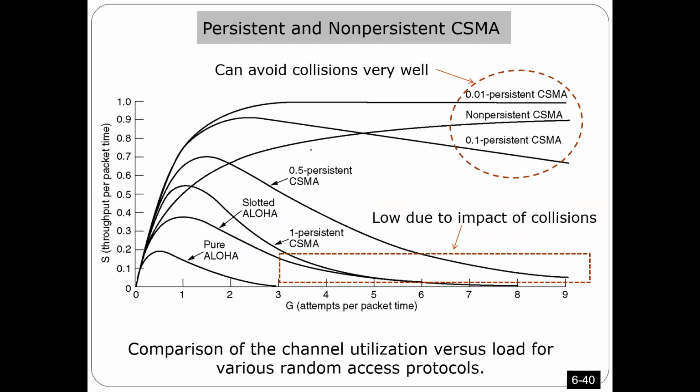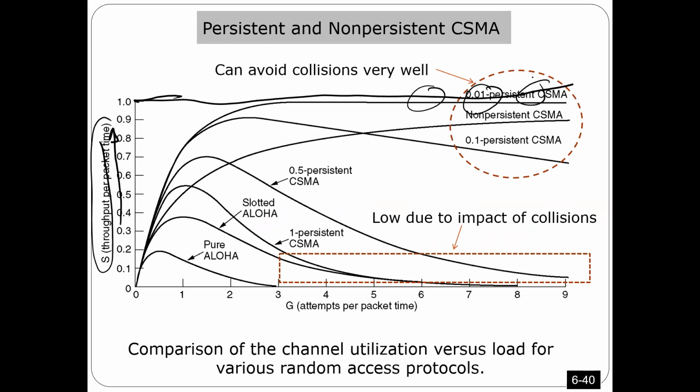For example, in the curve I explained last time, this is an indicator for collision: as the utilization increases, collisions are less. If it is one, that means 100% transmissions or zero collision. We were very close to one here.